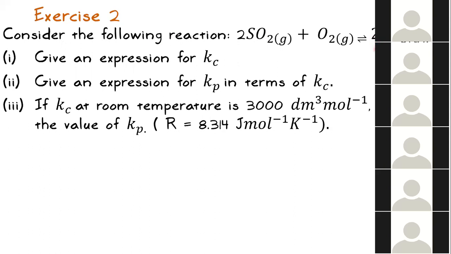If you look at the number of moles at the product side, you have 2. Then at the reactant side, you have 2 plus 1, giving you 3. So 2 minus 3 should give you negative 1. Okay? Are you okay now, Akweswe? Yeah, okay, good.